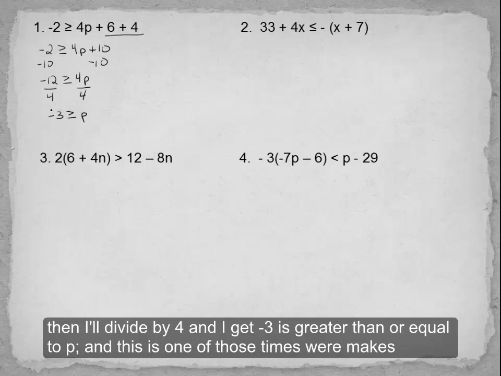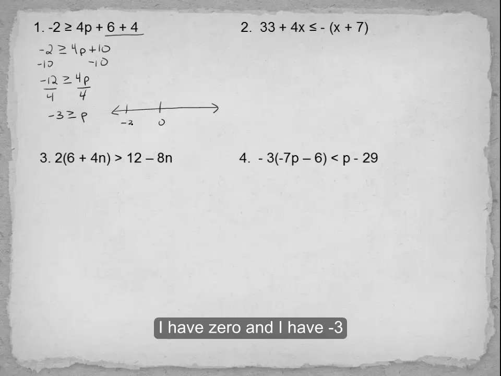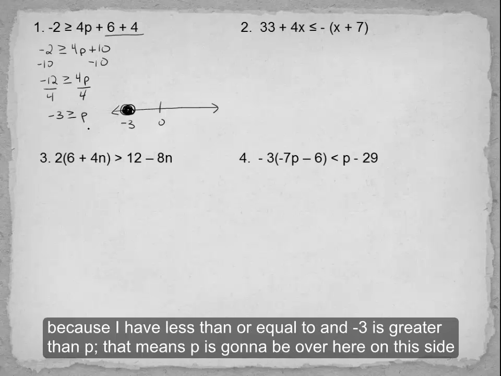And this is one of those times where it makes sense to learn not to rely on which way the arrow is pointing. Here's why. I have 0, and I have -3, and I have a closed circle because I have a less than or equal to, and p, -3 is greater than p.